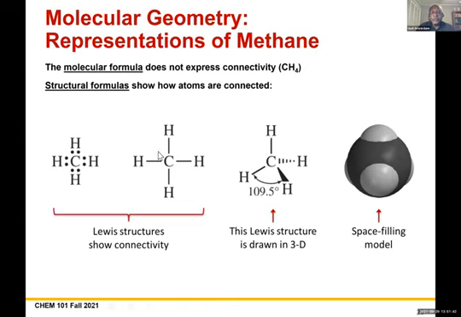So what you do is use a model called valence shell electron pair repulsion theory, which we're going to talk about in the next slide.